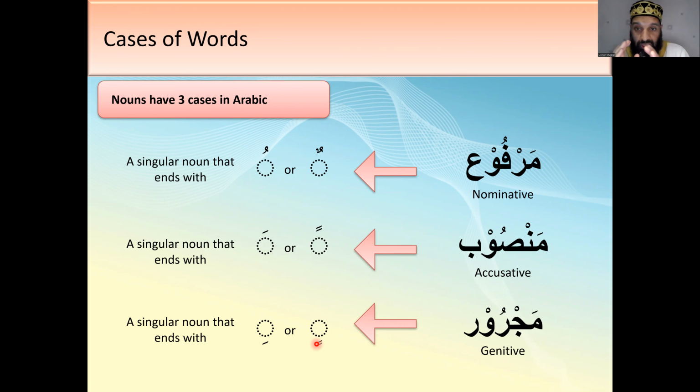So we've done this slide. So look, marfu, description of a marfu noun. Marfu, description of a marfu noun. If this noun was majroor, then this would also be majroor. If this was mansub, then its description would be mansub. Right?